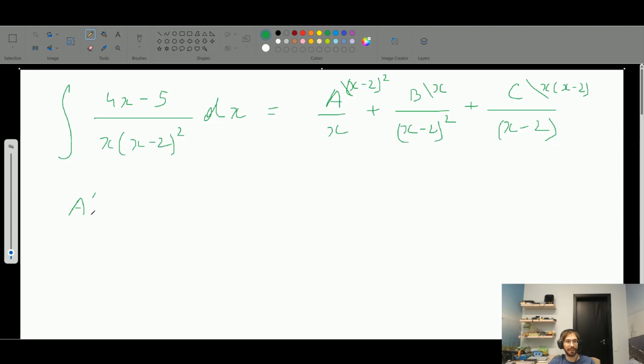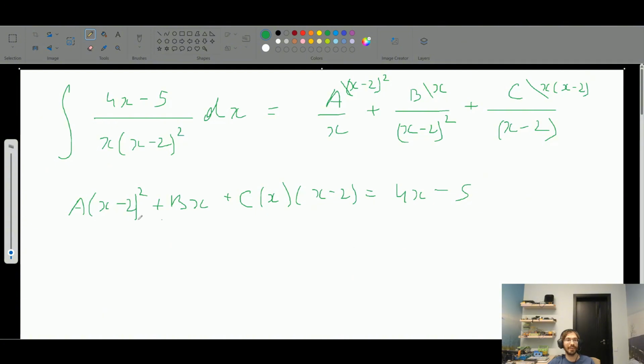So A times (x minus 2) squared plus Bx plus C times x times (x minus 2) should be equal, by analogy, to the numerator of the initial fraction, which is 4x minus 5.